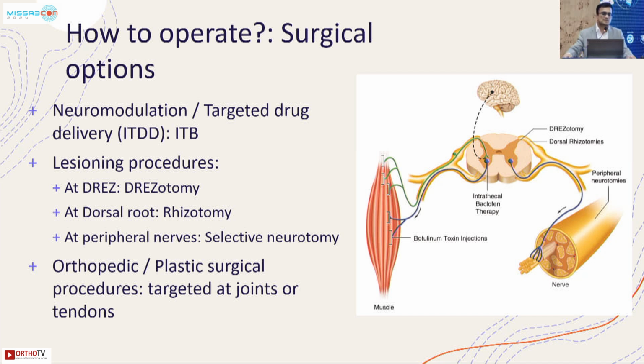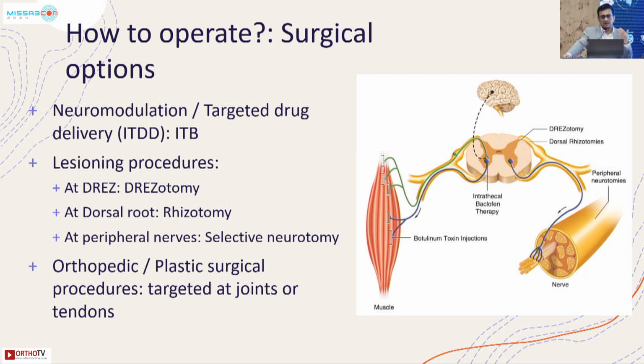Considering the surgical options for treating spasticity, there are various neuromodulation techniques, including intrathecal baclofen, and lesioning procedures at various levels of the reflex arc involved in spasticity.